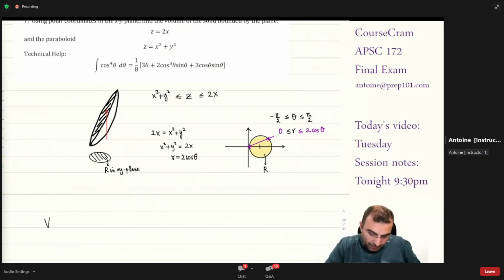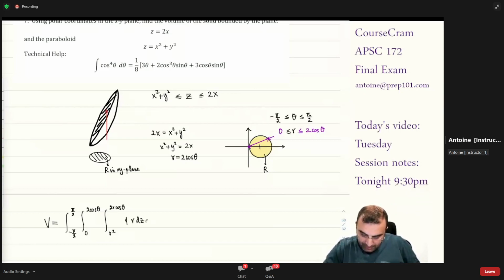So the volume is the integral from minus pi over 2 to pi over 2, the integral from 0 to 2 cos theta, the integral from r squared to 2r cos theta of 1 r dz dr d theta.